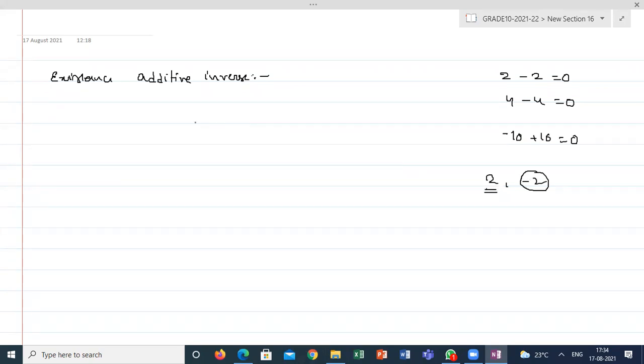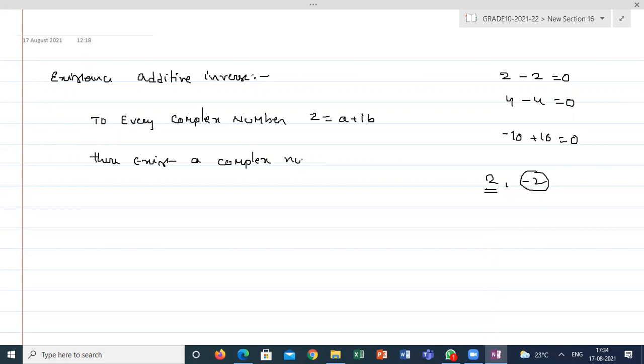So for the existence of additive inverse, to every complex number Z is equal to a plus ib, there exists a complex number minus Z, which is equal to minus a minus ib.